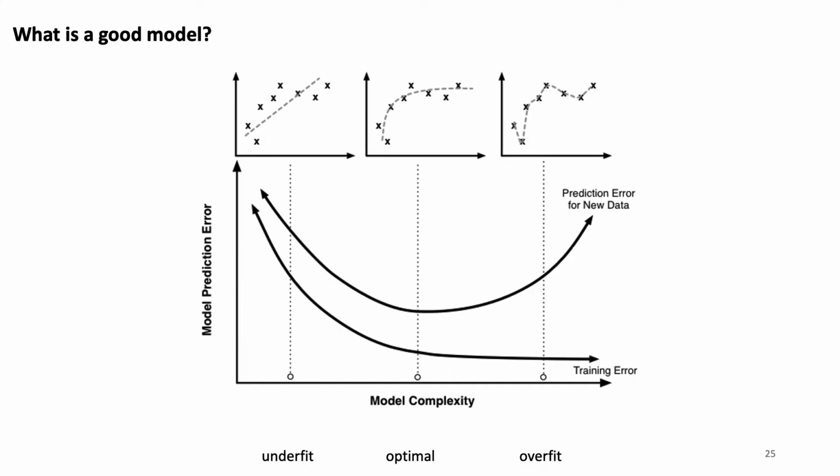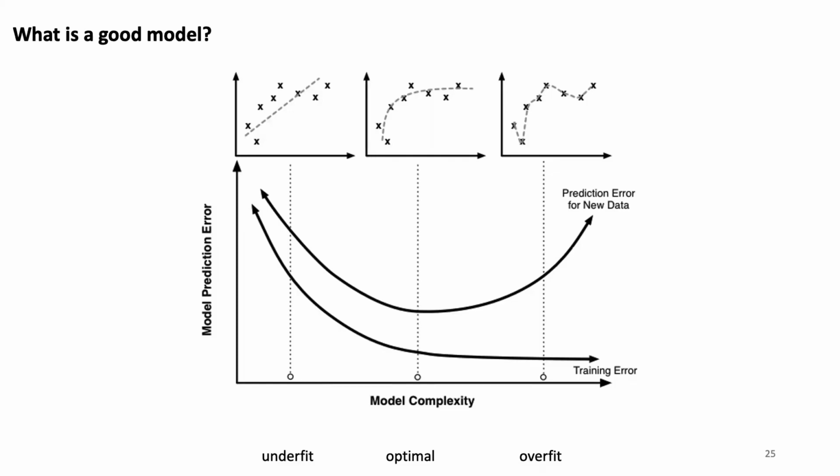So the expected error the model exhibits on new data will always be higher than it exhibits on the training data. So you cannot train a model and just report the performance metric for the training data set. You have to test it on a new data set and report the performance of it.